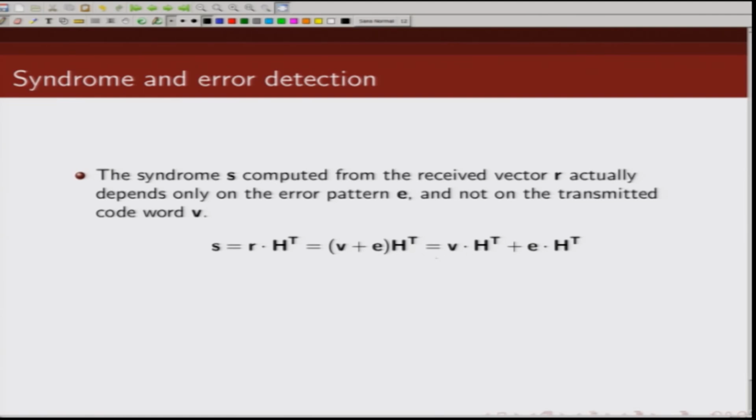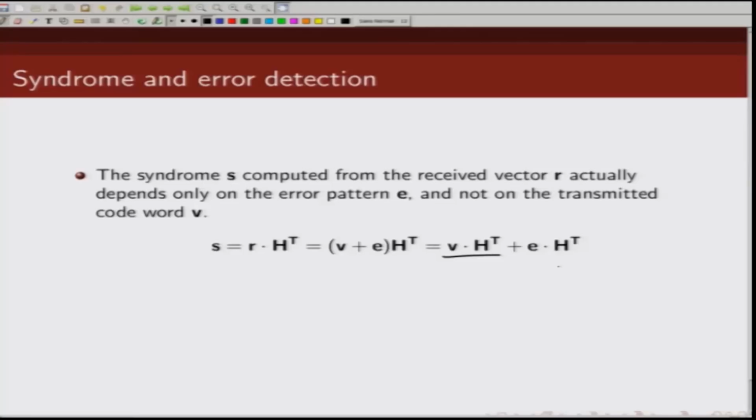So, I can write this as VH transpose plus EH transpose. Now, what is VH transpose? VH transpose is 0, because V is a valid code word, so the syndrome is nothing but EH transpose. So, the syndrome does not depend on the transmitted code word, it only depends on the error pattern.